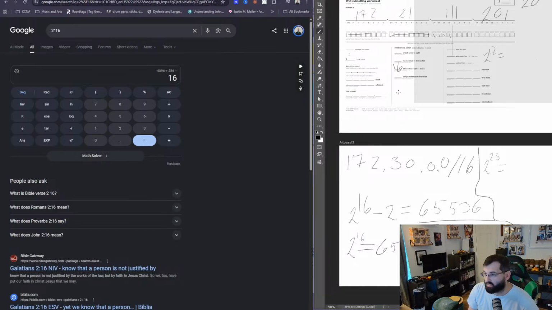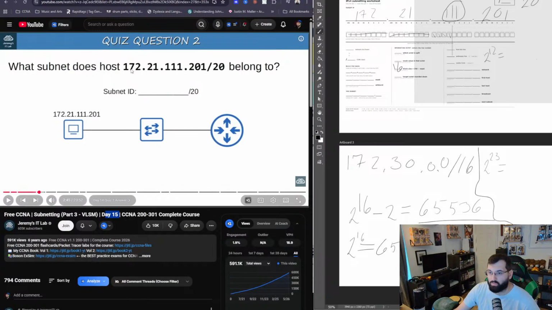So then we need to look at our interesting octet and divide that by 16. Six. So the answer is 172.21.6.0.